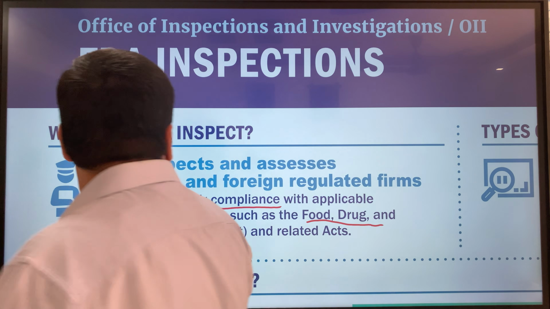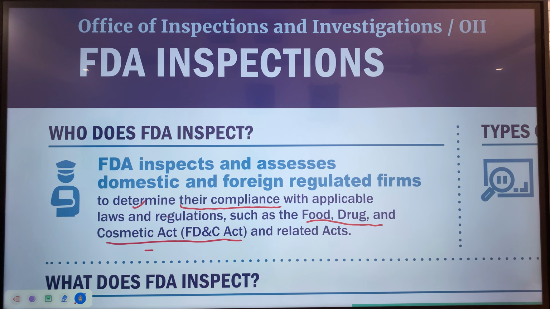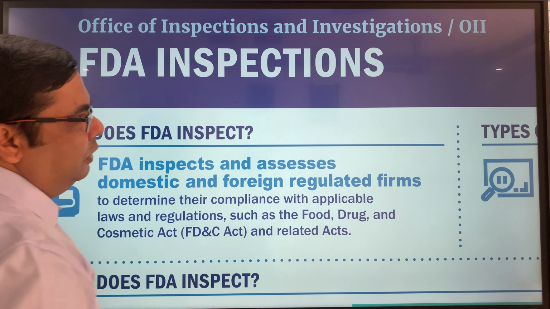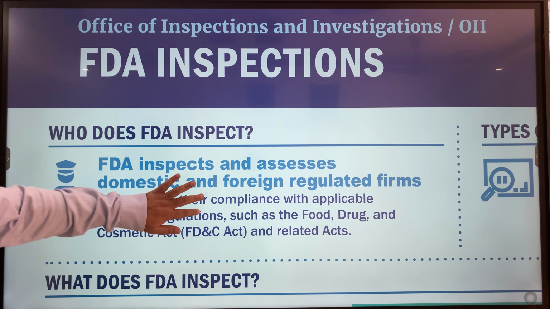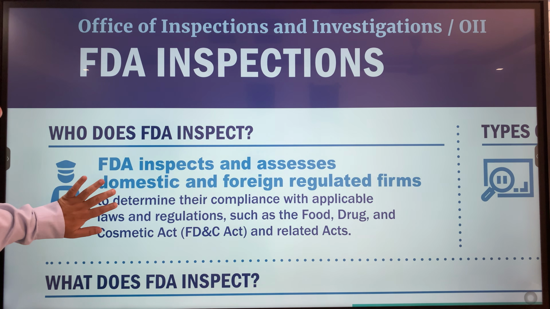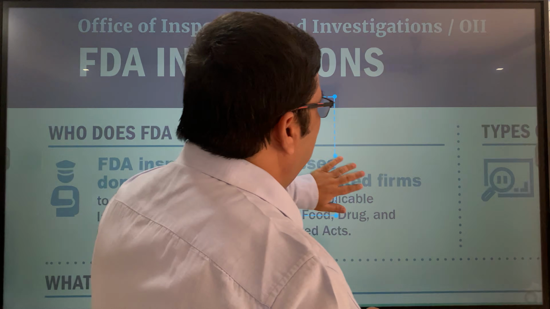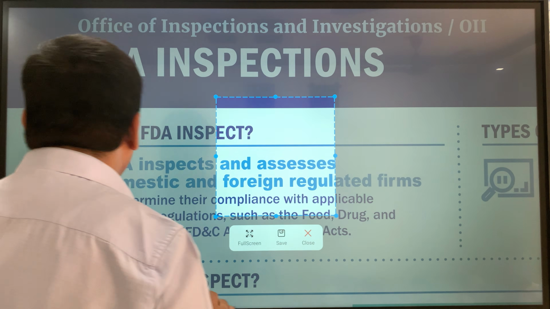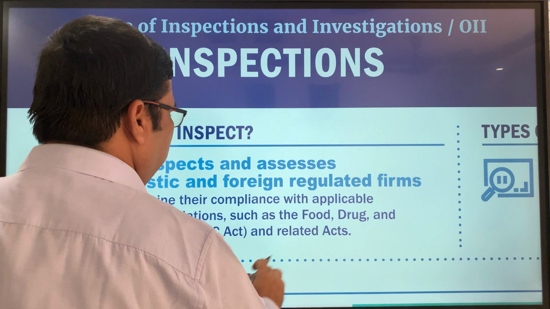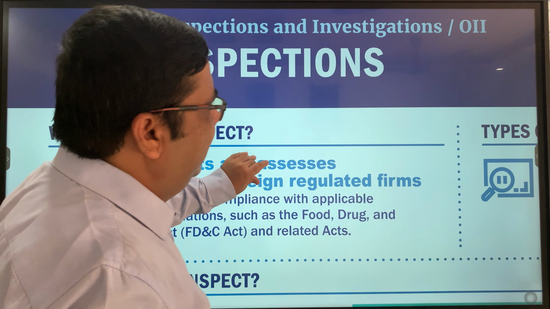For this purpose, FDA is conducting the investigations or inspections, right? Hope this point is clear. This is given by FDA, okay? So I am just sharing this information with you so that you will understand in a better way.